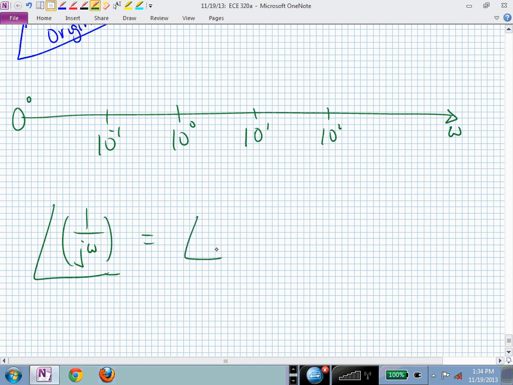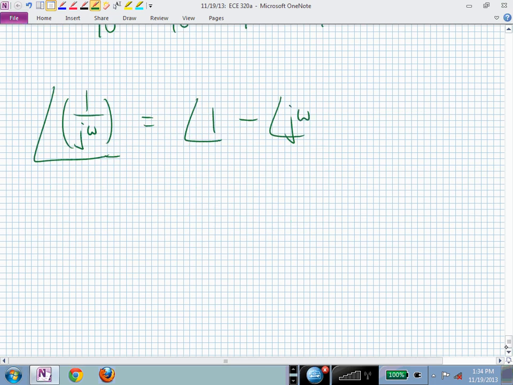So I now have the angle of 1 minus the angle of j omega. What's the angle of 1? So now you're over here in the s-plane, and somebody says, here's 1, and now what's the angle to get me to that point? 0.